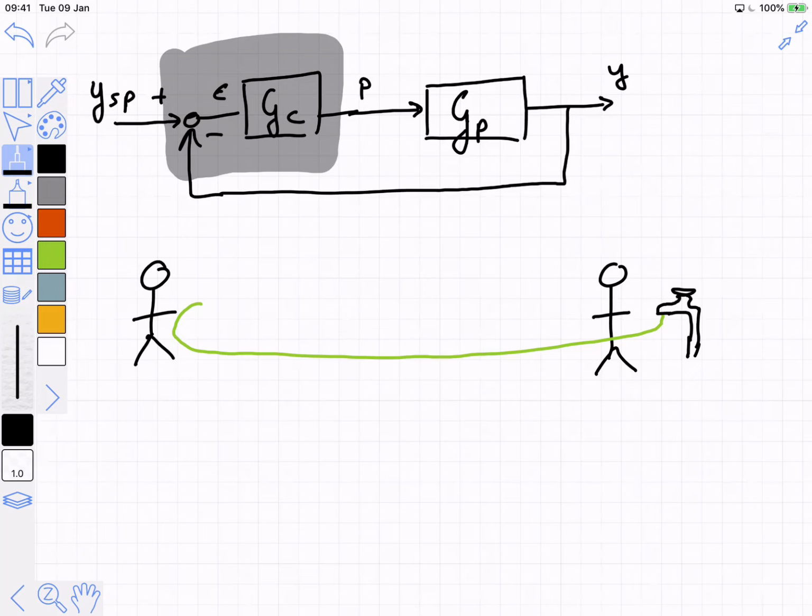The person on that side is going to have to give commands to the person at the tap to get the right amount of water to go out. Right. And so this is actually a control loop. It's useful here in this particular case to think about it this way because of how automatically most of us are able to do control in cases that are not quite as contrived as this.